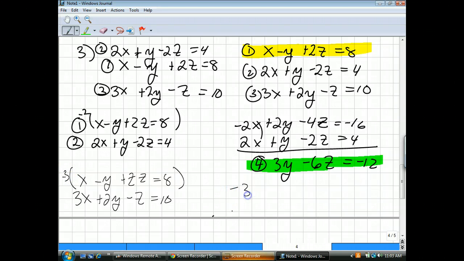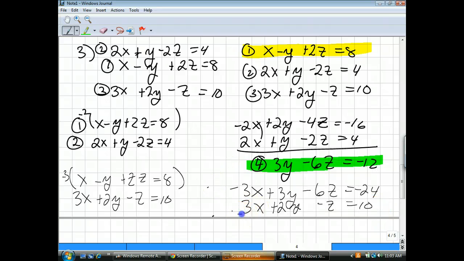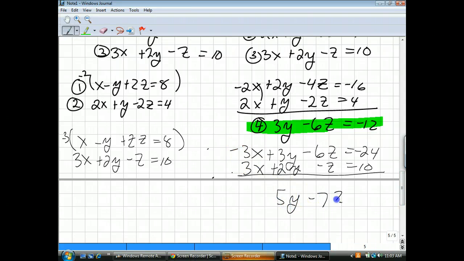So it's going to give me negative 3x plus 3y minus 6z equals negative 24. Copy equation 3 underneath and add them together. These two add up to 0, so I get 5y minus 7z equals negative 14. So this now is equation 5.